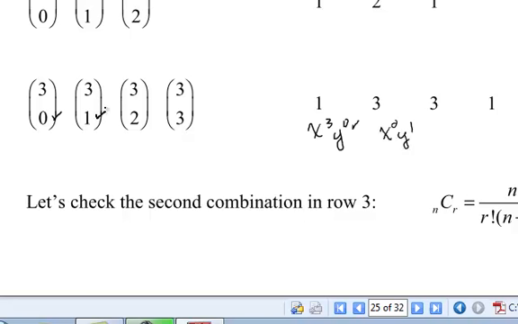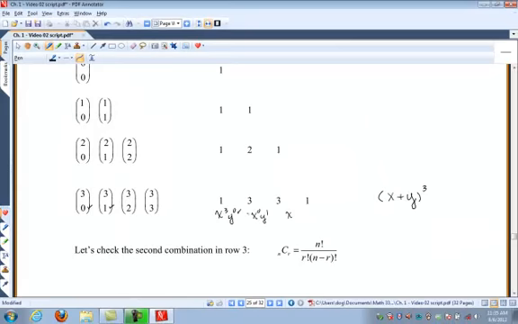See that 1? And this is 3x y squared. There's the squared. And this is x to the 0 y cubed. And there's the exponent on the y. So there's some utility to the combination notation. It gives you some hints to the pattern.